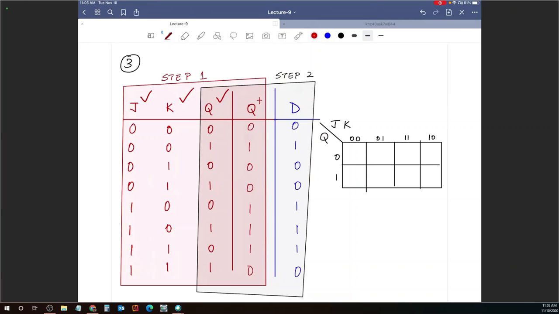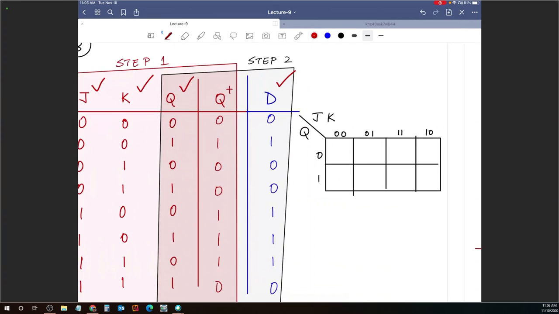How is that related to the D input? For that, I'm going to use a K-map because I have a 3 variable case here. My inputs are J, K, and Q, and I'm going to fill this out to write an equation for D in terms of J, K, and Q. Because I'm given D, I need to figure out the JK because that's what I desire.